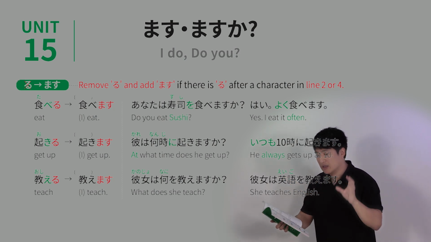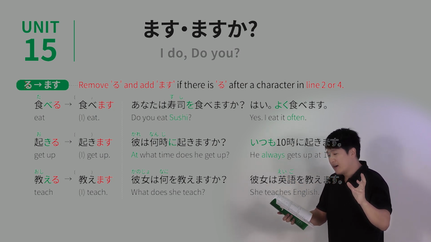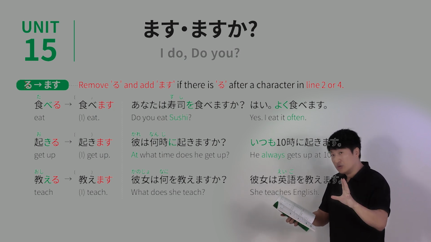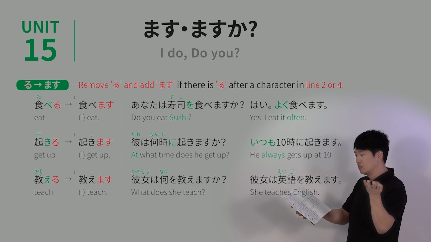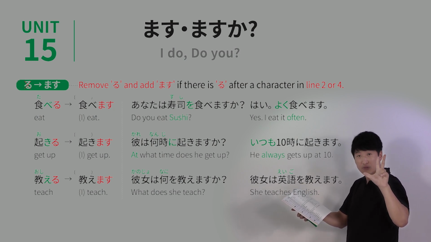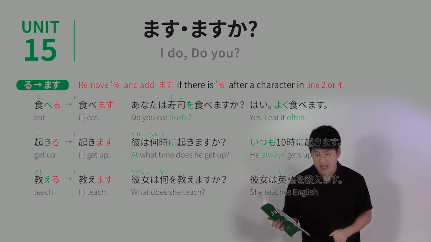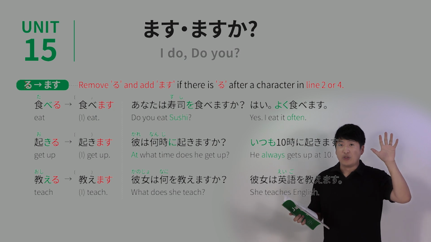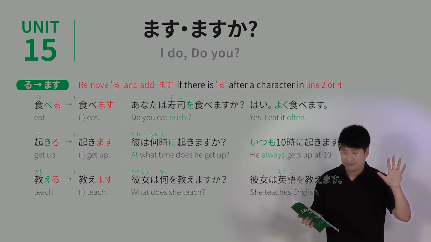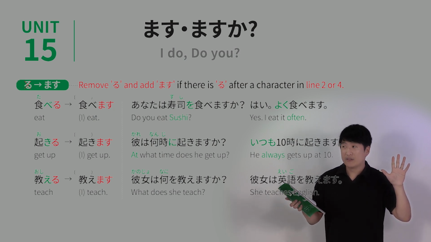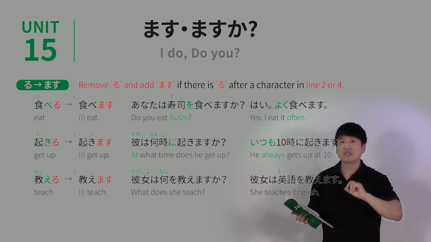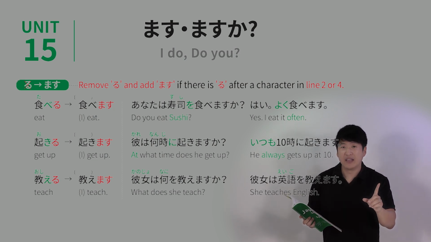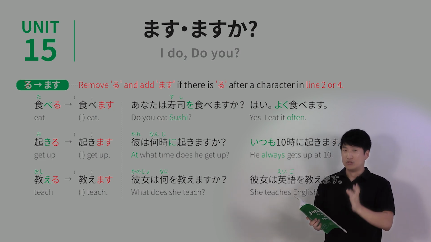Then how? Okay, 食べる. If there's る, follow me. る. There is る. 食べる. 起きる. 教える. Those three, they all have る, right? So use your fingers. All right. You found this る in a word. Then count the letter right before る.